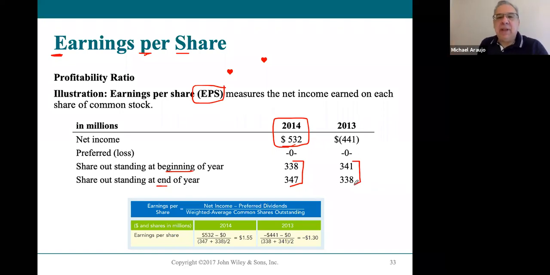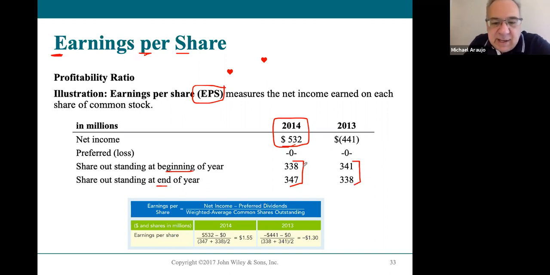You've heard a lot of companies since the tax cuts a few years ago in the Trump administration bought back lots of shares of stock. Yeah, so that happens in some cases. In other cases, they issue more shares of stock to raise money. So here's the formula. Earnings per share equals the net income, now it says minus preferred dividends.